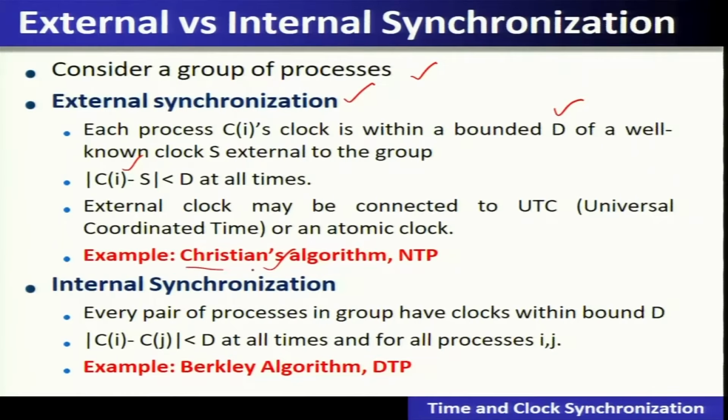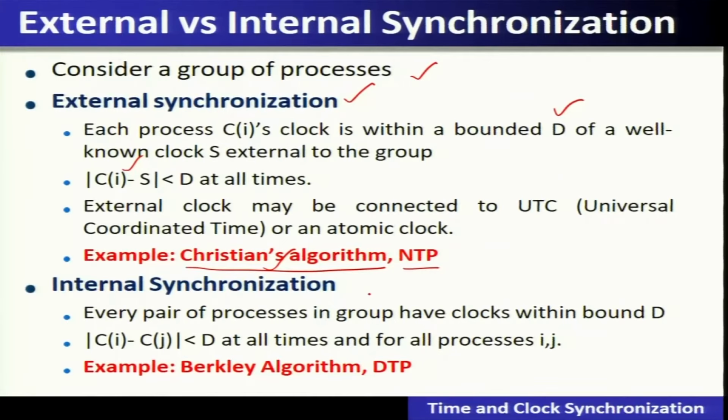Two well known algorithms are based on external synchronization. They are called Christian's algorithm and network time protocol, whereas internal synchronization is the synchronization among the pairs of processes in the group of processes.